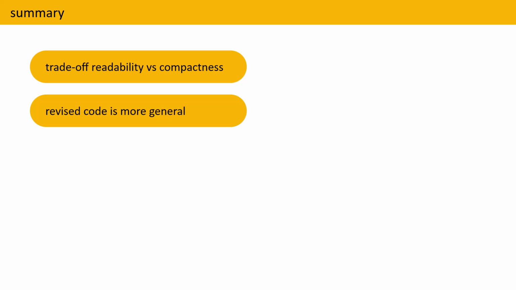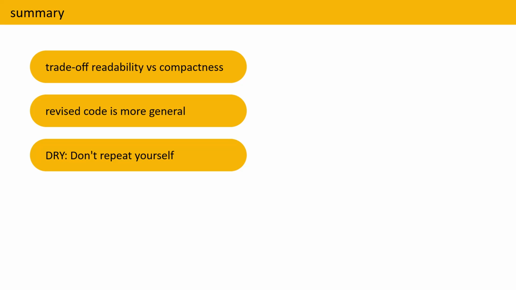We have seen that the revised code works with non-numerical class labels such as strings, and also supports an arbitrary number of classes, not just 2. The main reason for the compactness of the revised code is that all code repetition was removed. While it is fine and common in tutorials to repeat code, it must be avoided in professional code.